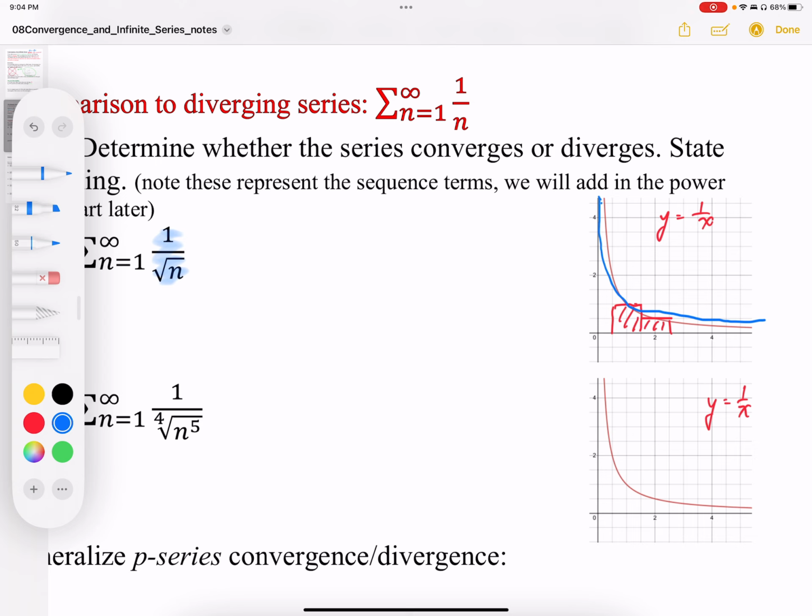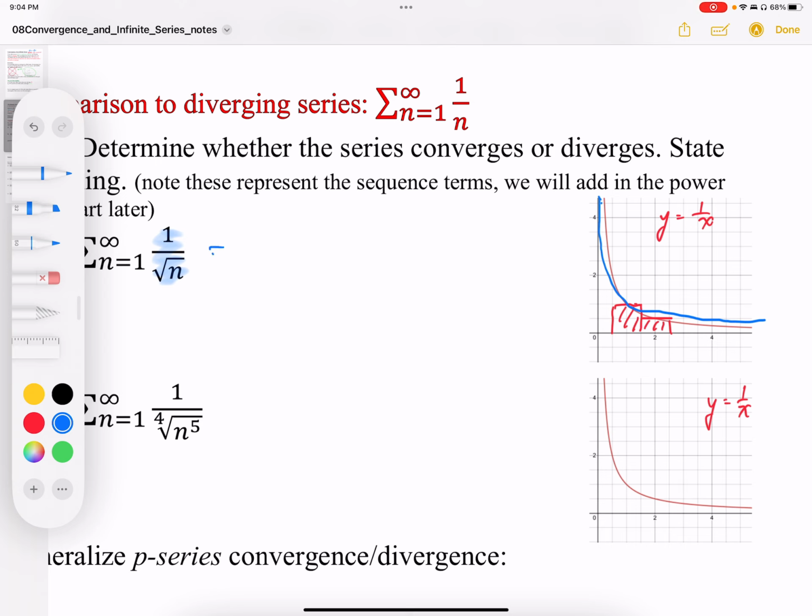I know the sum of the red rectangles is infinite. If that's the case, the sum for 1 over root n must be bigger because there's more space underneath that curve. Therefore, if the 1 over n is infinite, the 1 over root n must be infinite.